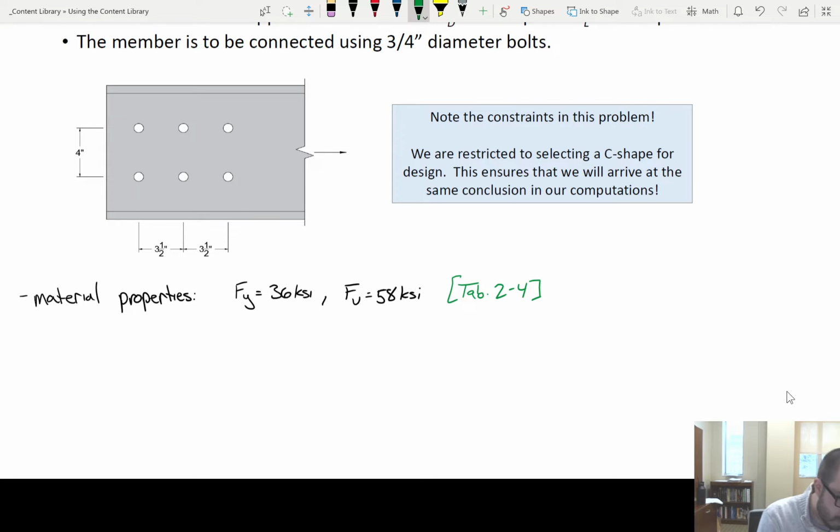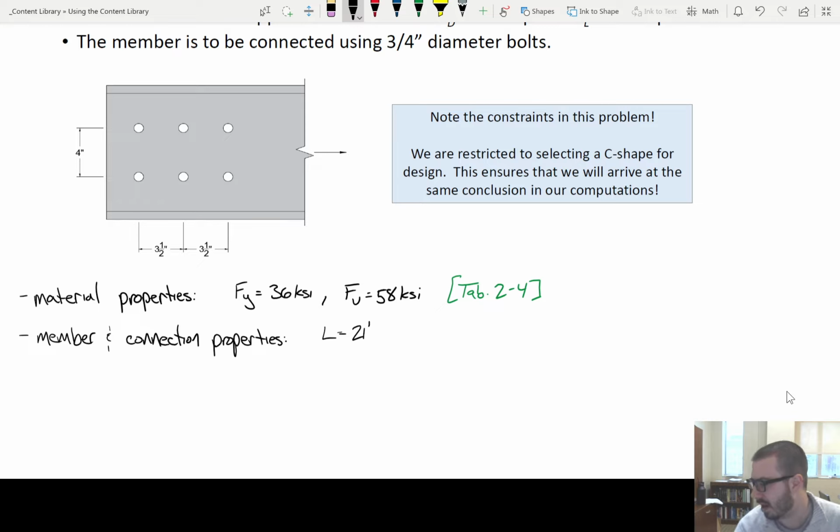I'll also list some member and connection properties. We know that the member for this problem is 21 feet long, and I'm going to convert that to 252 inches because we are going to need that for L over R computations.